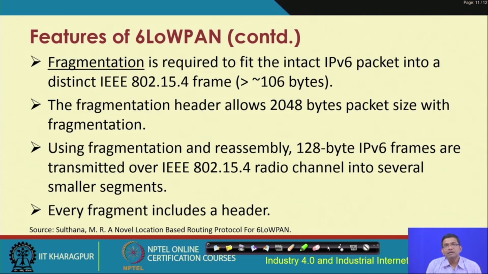Using fragmentation and reassembly, 1280 byte IPv6 frames are transmitted over the 802.15.4 radio channel as several smaller fragments, and this is what I told you just a while back. Fragmentation will help you do it, but then at the other side you will have to do the reassembly. The 6LoWPAN adaptation layer will take care of both the fragmentation as well as the reassembly.